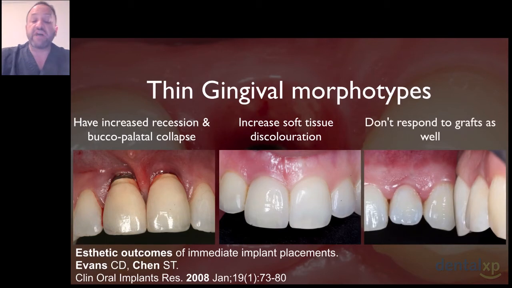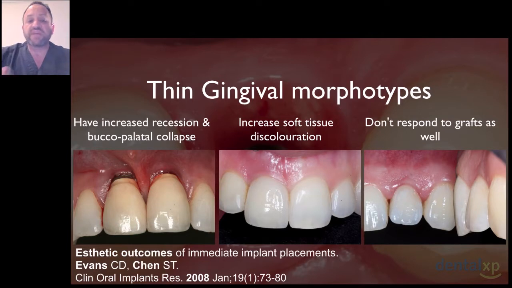And the other thing that I find, and this is not something that we can give any scientific proof for, is that thin gingival morphotypes definitely don't respond to grafting procedures as well as other situations, as described by Joseph Kahn in his study, where he shows the change of morphotypes. I'm not sure if other guys have found that as well, but certainly in my hands, and I'll show you another case just now, thin gingival morphotypes tend to give us the biggest amount of problems.